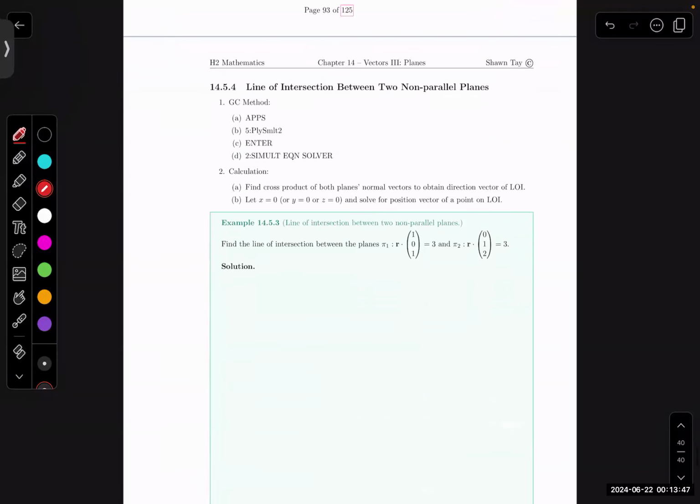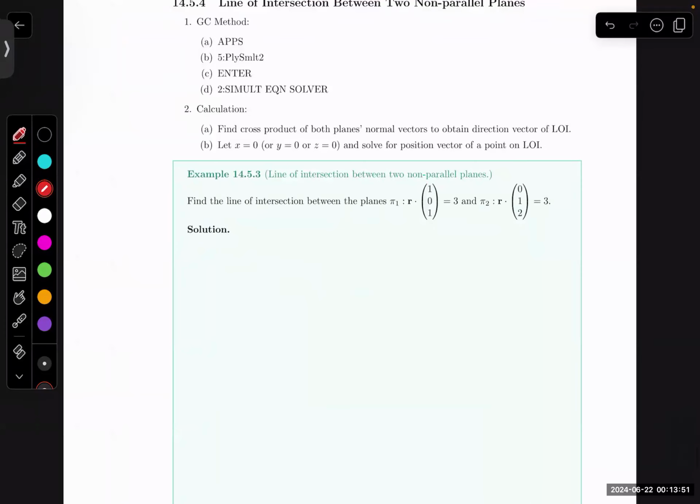Line of intersection between two planes. First thing, use the GC method. First write both equations in Cartesian form.